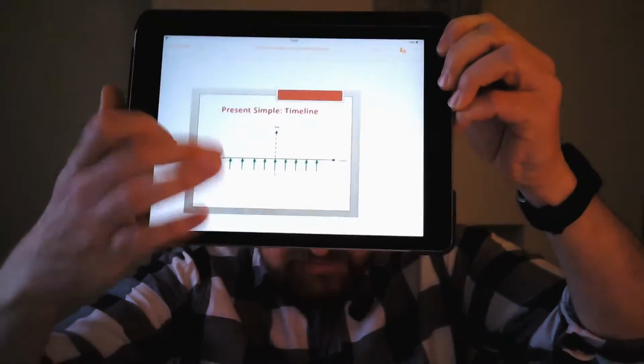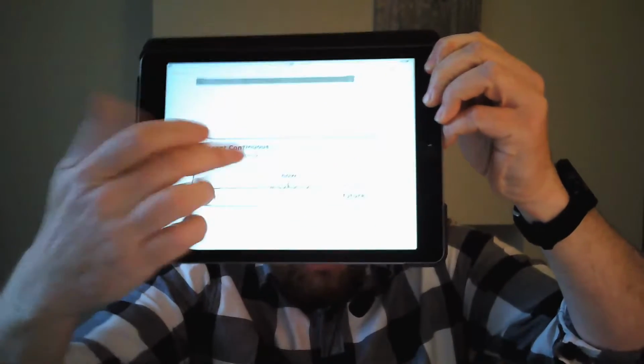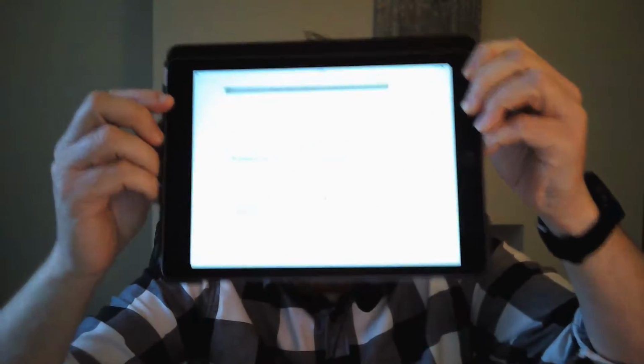Okay, so obviously we want it to be grammatically correct, but I want you to go back and think about the meaning of these things, about if it's a repeated action like that, or if we're talking about something at the moment, like those timelines there. So I'm going to give you a sentence with a gap in it and the verb in brackets, and I want you to try to complete it.